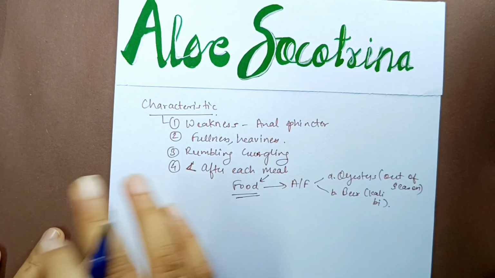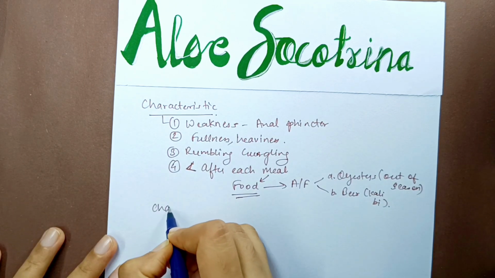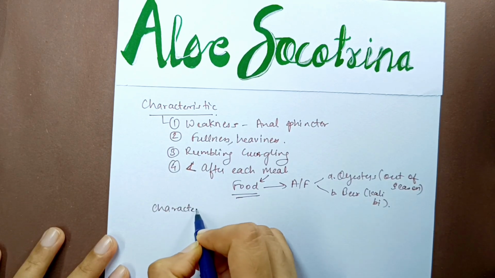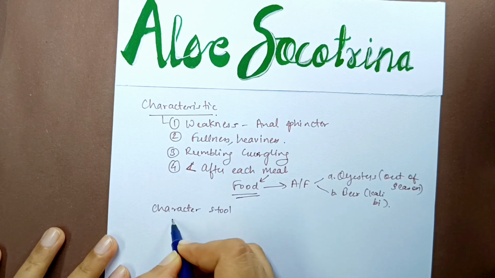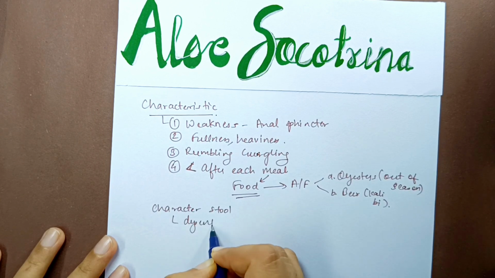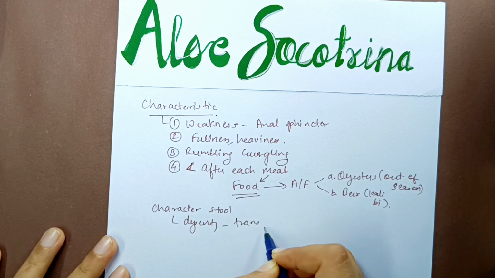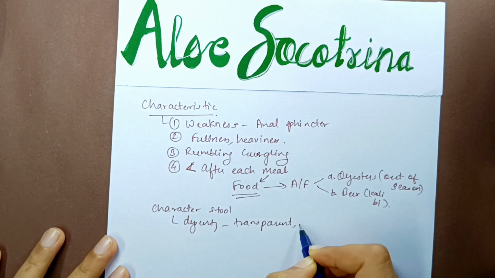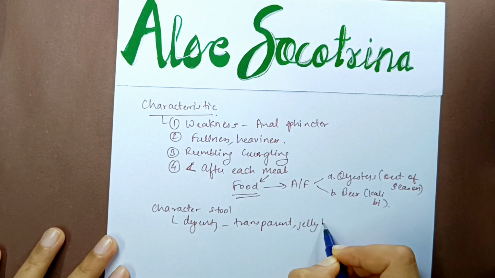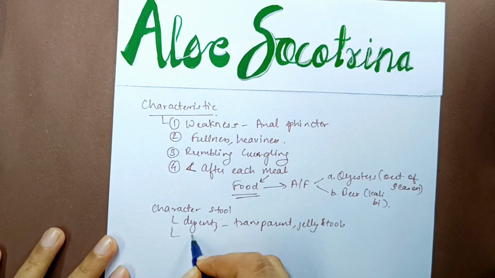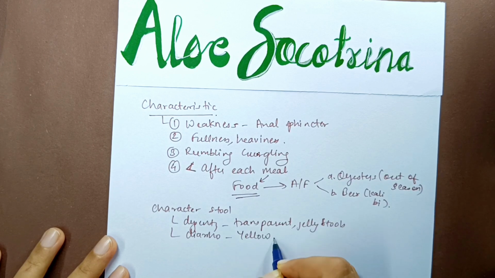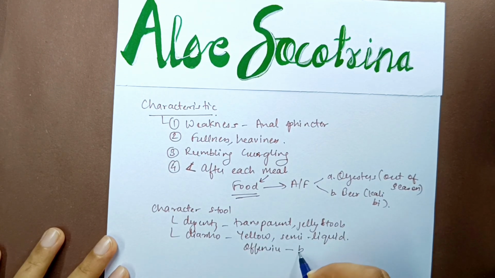Then we went on to talk about the character of stools, the diarrhea or dysentery of aloe. In dysentery, we saw that these patients have transparent, jelly-like stools, and in diarrhea we saw yellow-colored stools, which are semi-liquid or semi-solid. All these are offensive also, and they burn like fire.